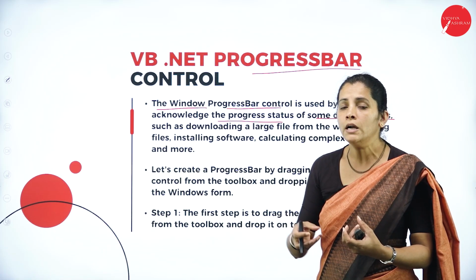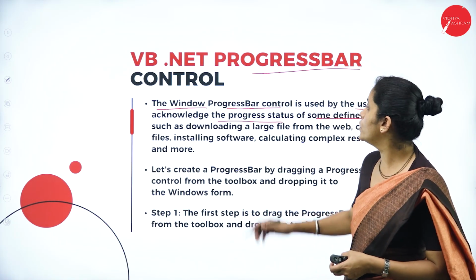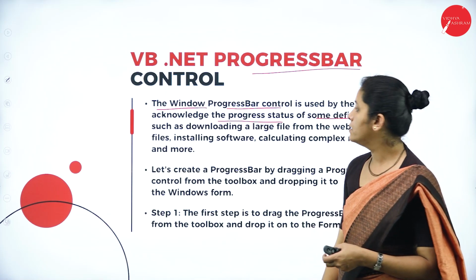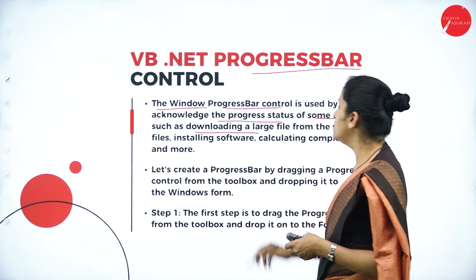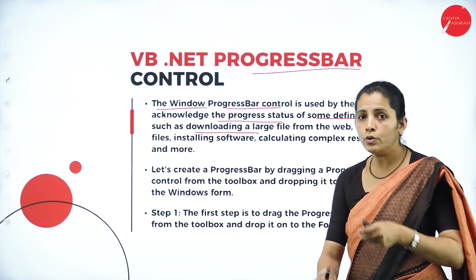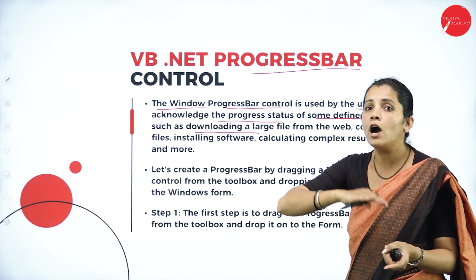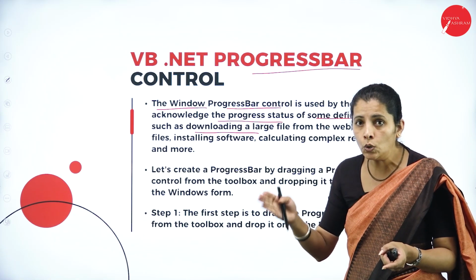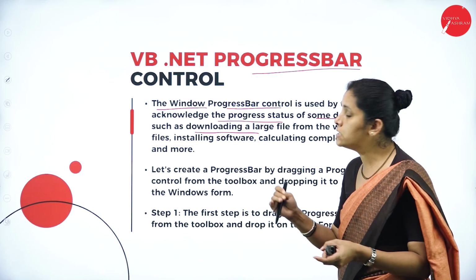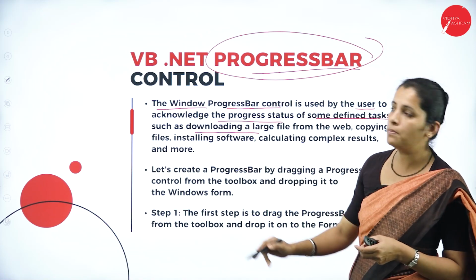You have to demonstrate the task completion. For that, I'm going to have the progress bar. For example, downloading a large file. When you download any file, you have to show how many percent is completed and how many percent is yet to complete. All those things you have to display. For that, I'm going to have the progress bar.